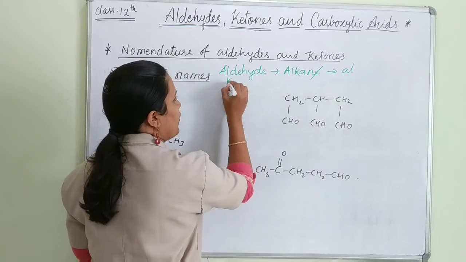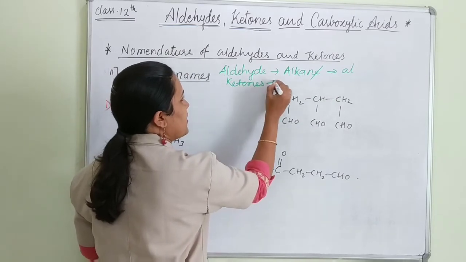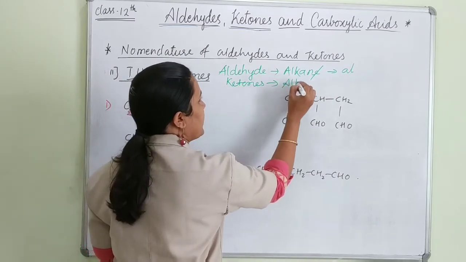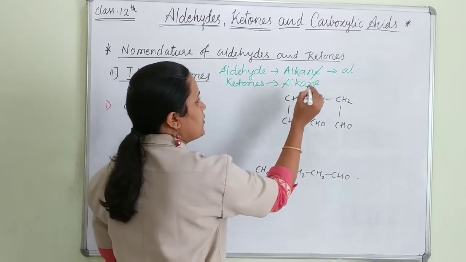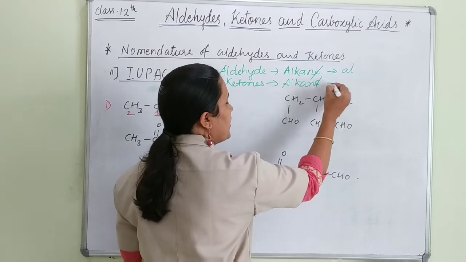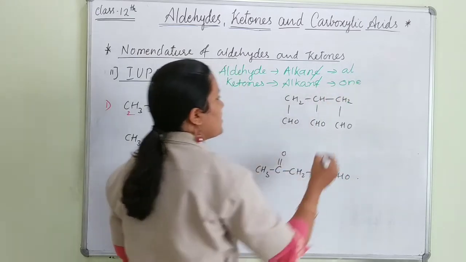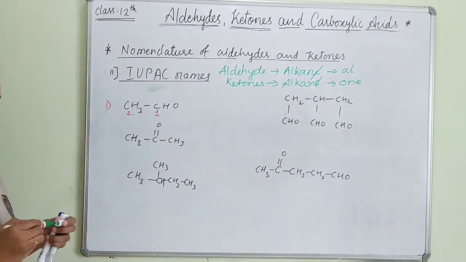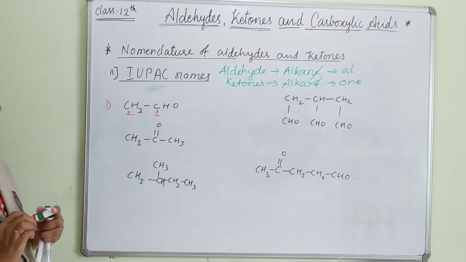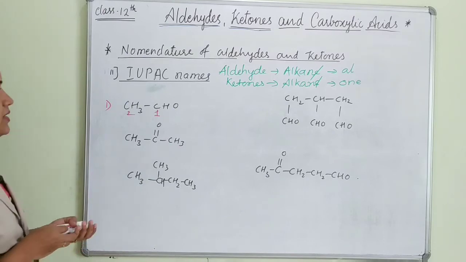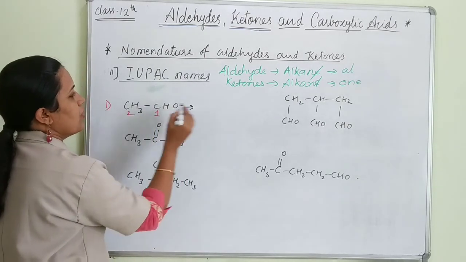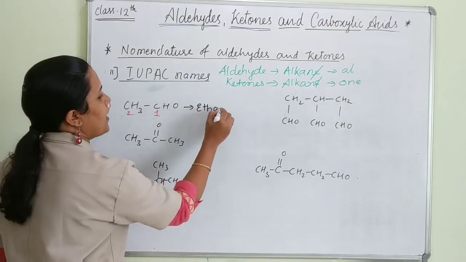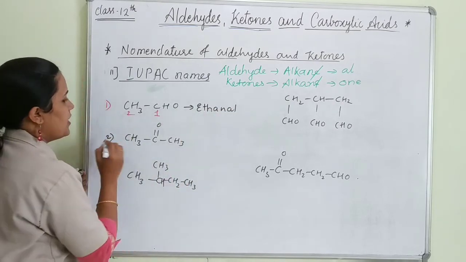And for ketones we know that from the alkane we need to remove E and write it as O-N-E, one. Okay, now let's see. So the name of this compound, 1 and 2, is ethanal.